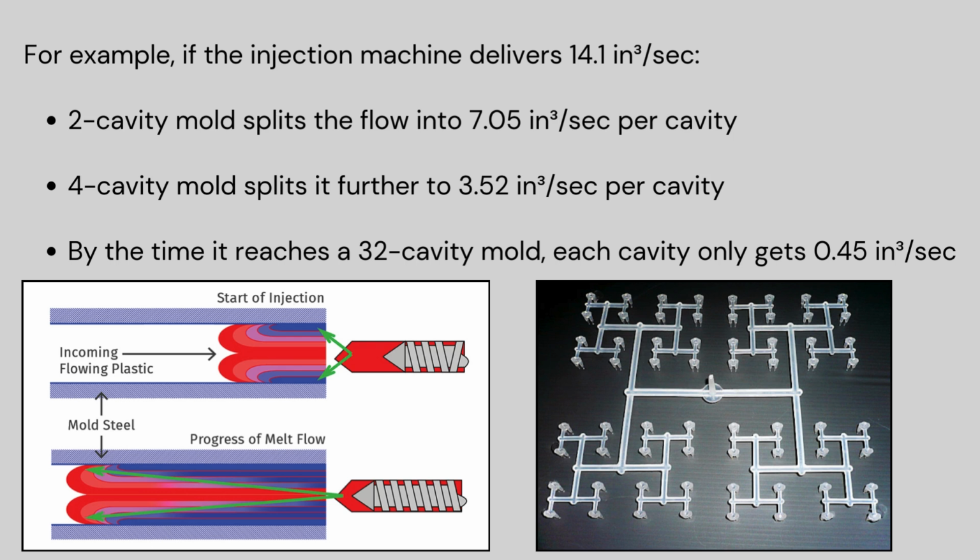In a four cavity mold, the flow reduces by half again and each cavity will get 3.52 cubic inch per second. In a 32 cavity mold, each cavity only gets 0.45 cubic inch per second. This is why the gate and runner sizing needs to be adjusted based on the number of cavities, and we need to understand the flow.